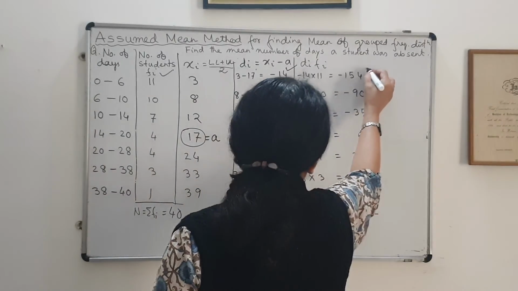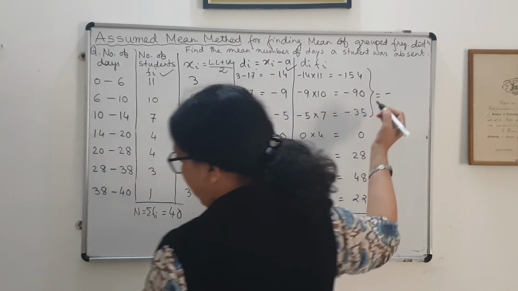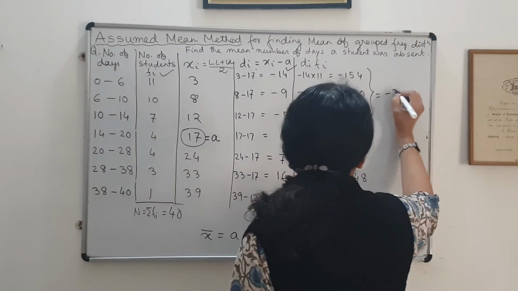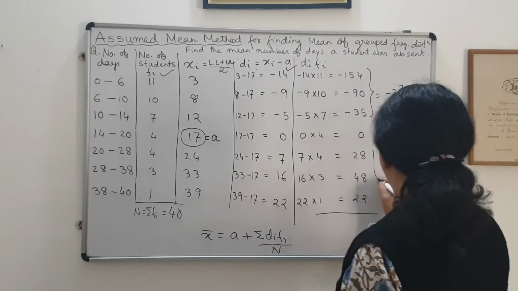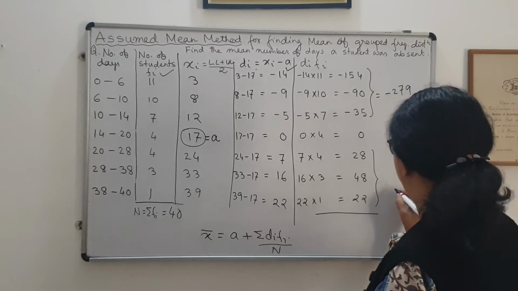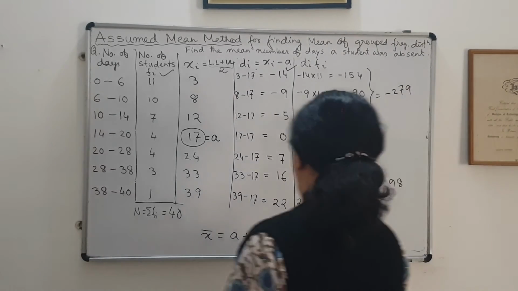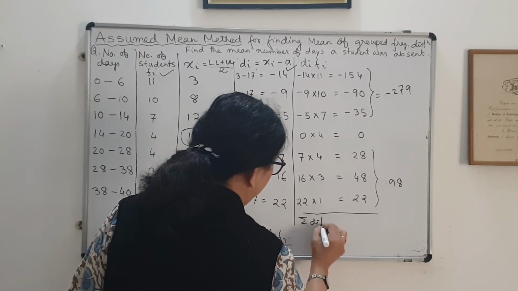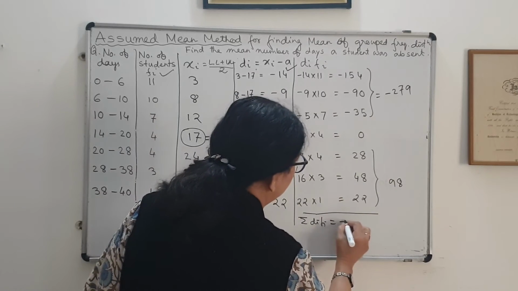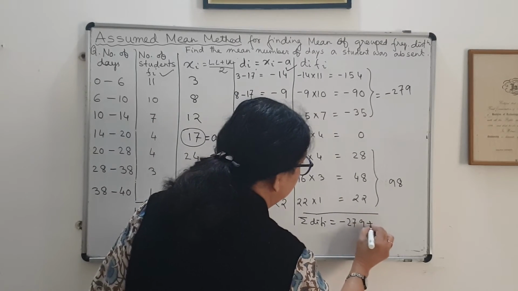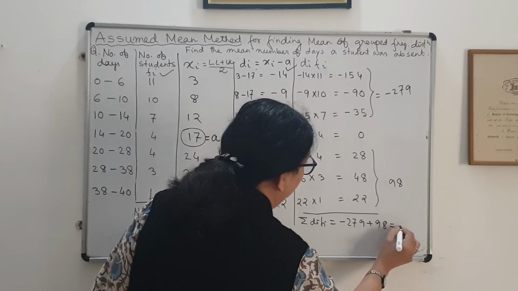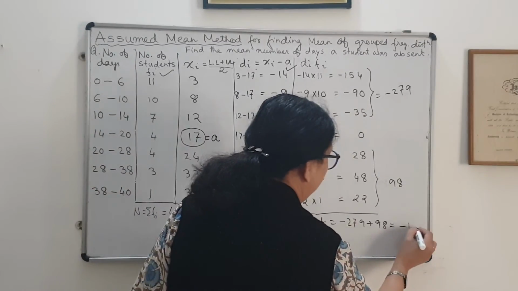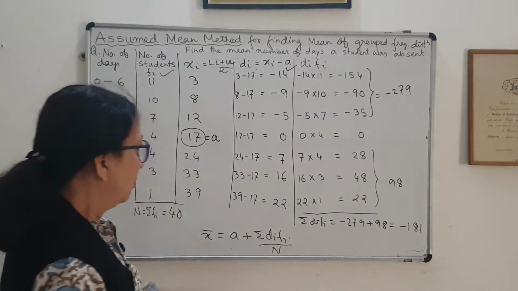So the sum of the negative values will come out to be minus 279, and if you add all the positive ones, it will come out as 98. So the value of sigma di fi will be minus 279 plus 98. So it will be a negative value, and the answer will be minus 181. Okay. So this is the value.